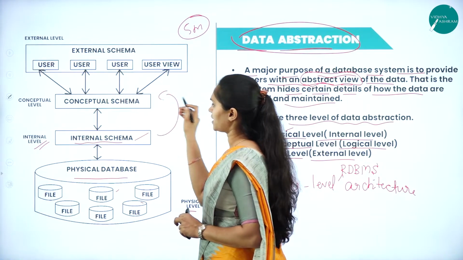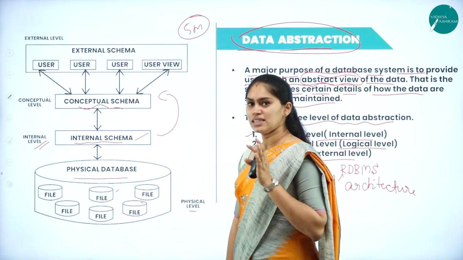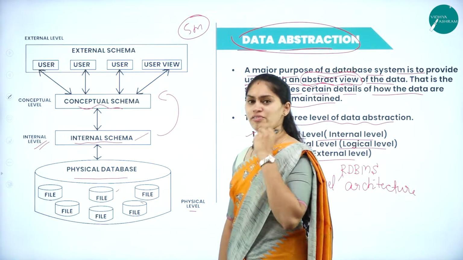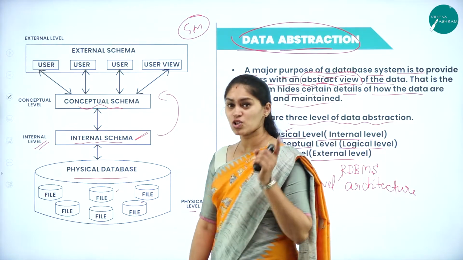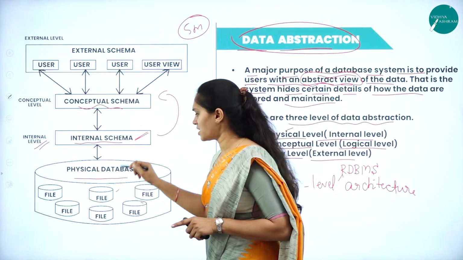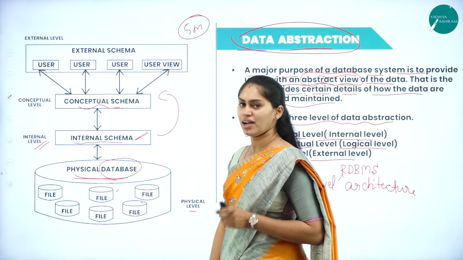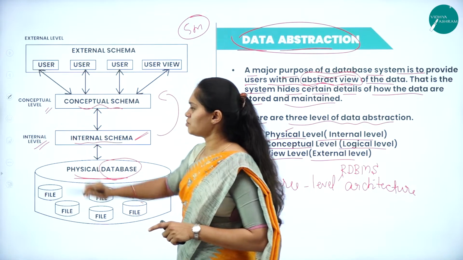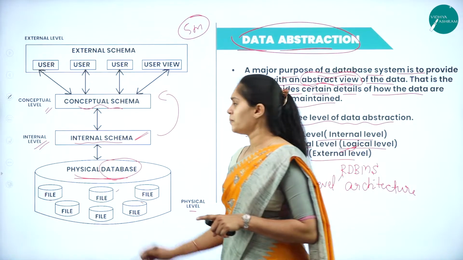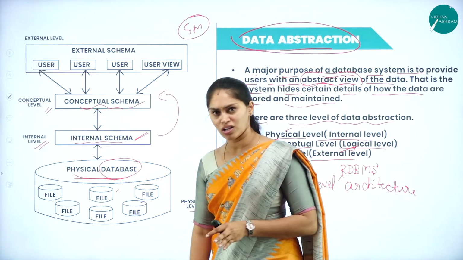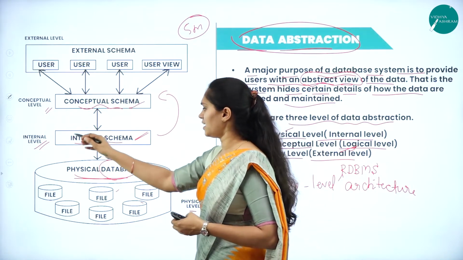And when it comes to the next level, there we have the conceptual schema. In the conceptual schema, there is a tool to fetch the data and information which reside in the internal schema. In the internal schema, I have accessibility to the physical database. The conceptual schema is also considered the conceptual level, and also the logical level. This logical level has some logic, some tools in order to access the content of the internal schema.